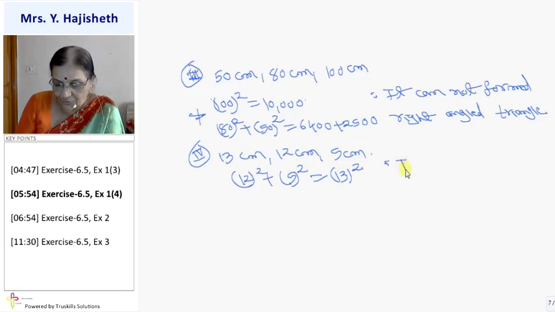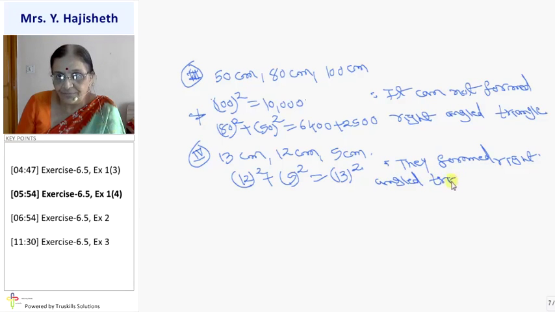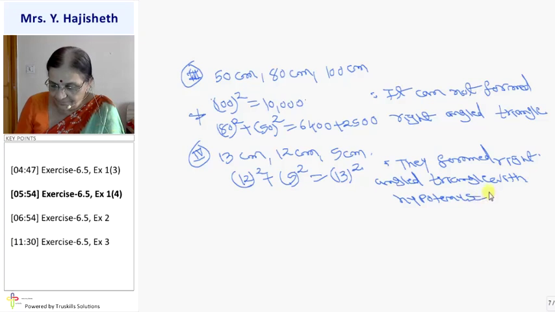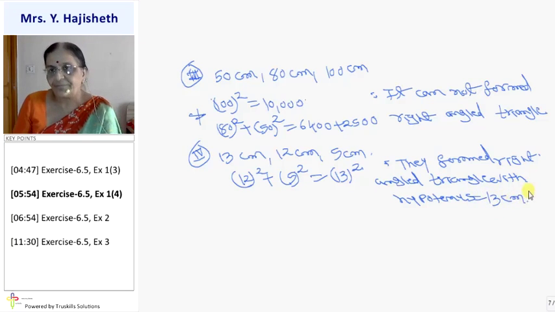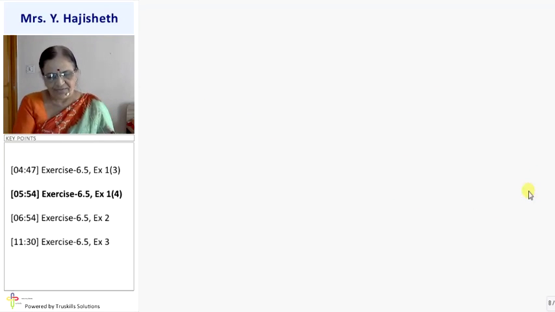So therefore they form a right angle triangle. With hypotenuse, what will come? 13. Clear? So it's not a difficult sum. Very simple sum.